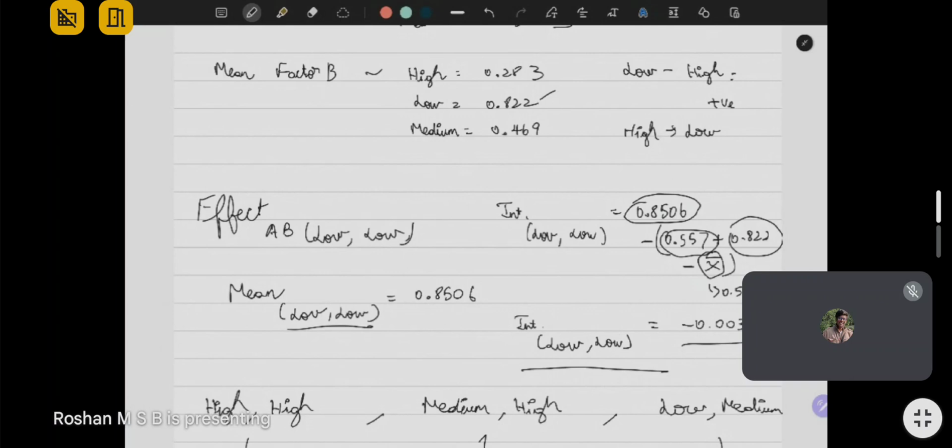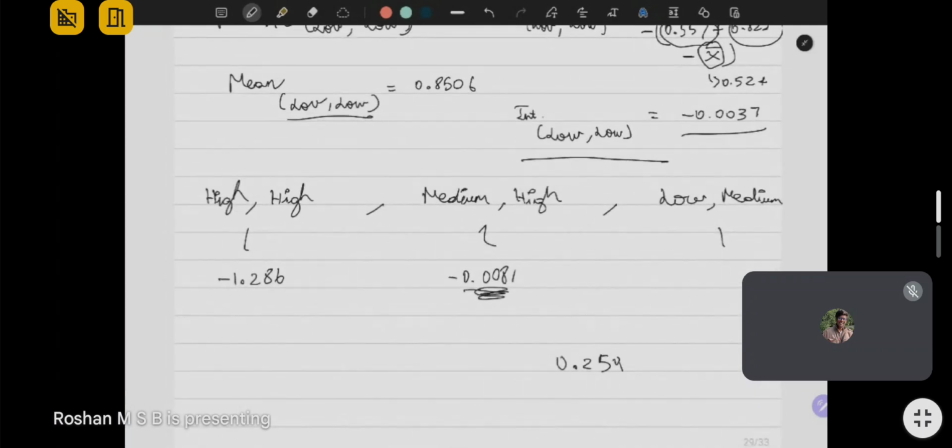I'm again getting minus 1.056 for medium high. Okay, I'll just write minus 1.056.